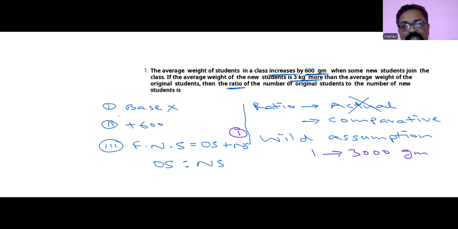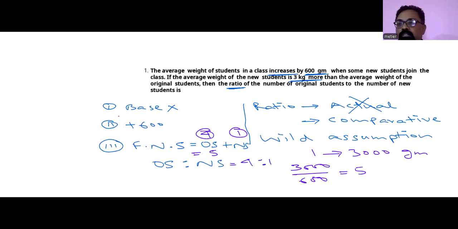So obviously we have 3000 by 600, 5 students finally. So final number 5, number of new students 1, total number 5, so obviously original number 4. So this ratio will be coming as 4:1.